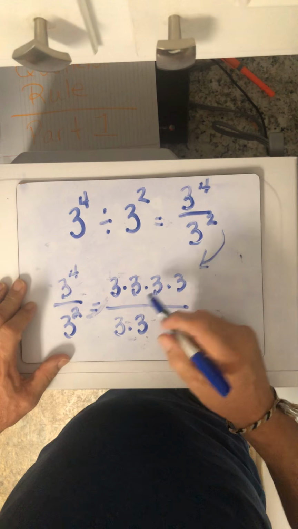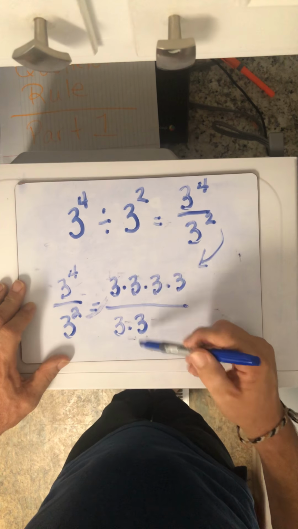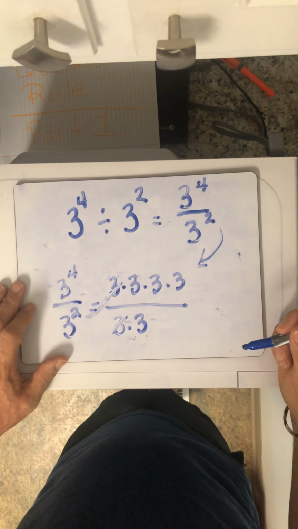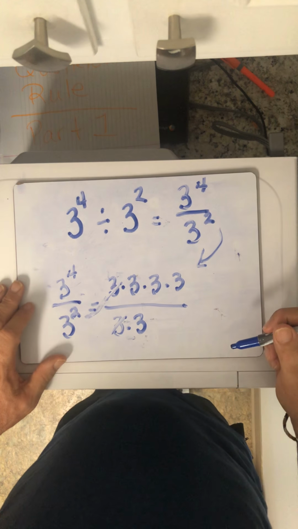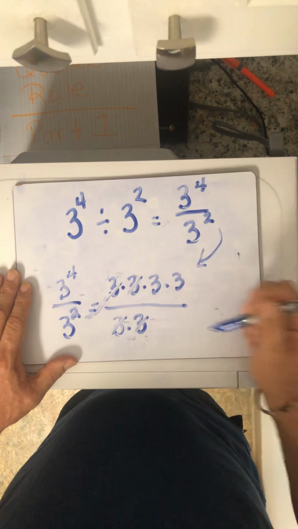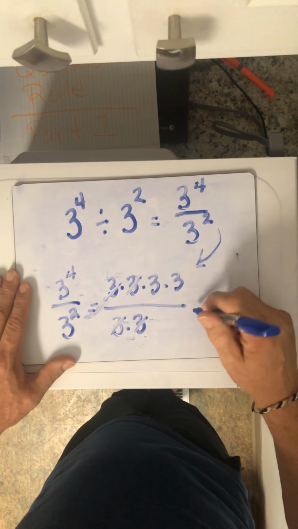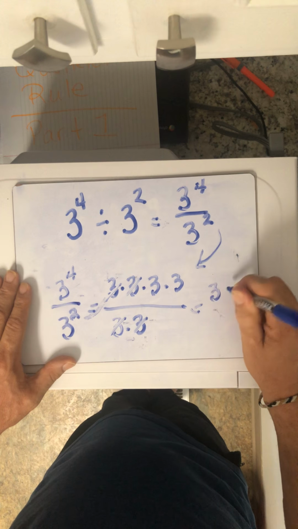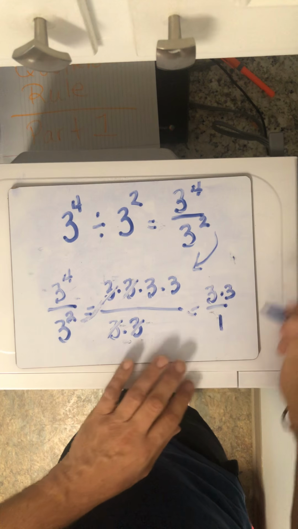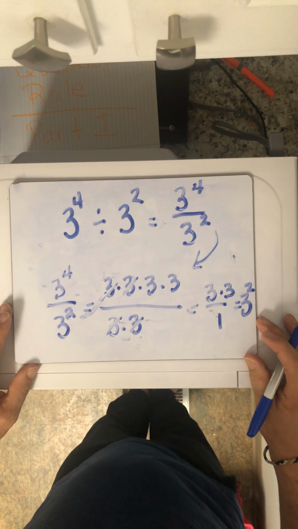Whenever we have a 3 over a 3 in a fraction, or any number that's the same, we can cancel those out, and those just become 1. We get to mark out both. That leaves us with 3 times 3 over 1, which is the same as 3 to the 2nd power.